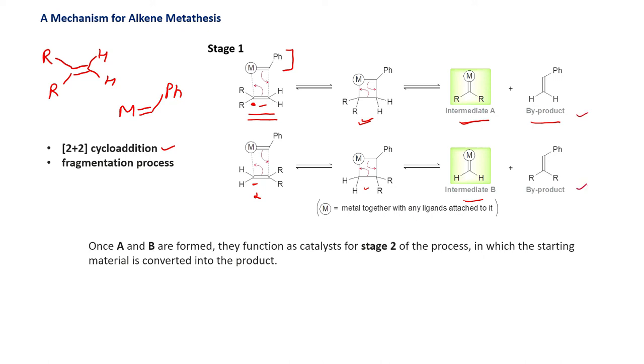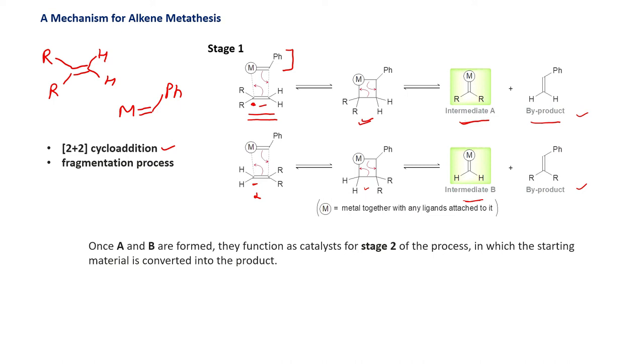This byproduct forms in a very minor amount. The reason is that we use the alkylidene metal in very small amounts, so this byproduct formation will be very low.